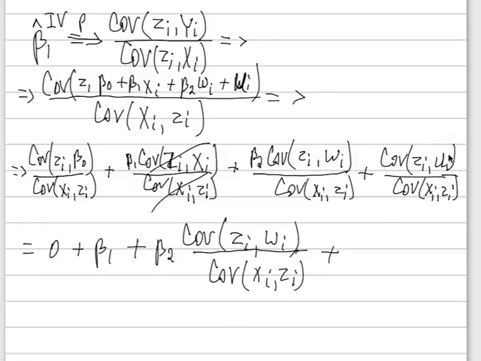How about Zi and ui? Ui is the error term, and Zi is the instrument. The correlation will be 0 between them because ui is error and the instrument is supposed to be not correlated with it, so 0.